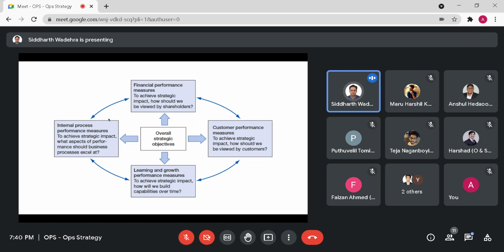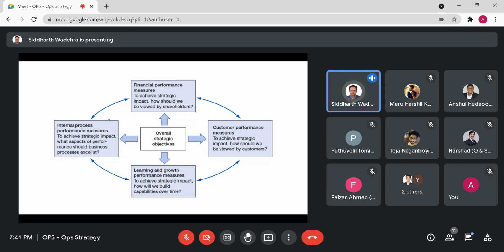Then learning and growth performance measures: to achieve a particular strategic impact, how would we build those capabilities over time? When monitoring, you could look at the learning and growth measures you have built over specific periods of time.